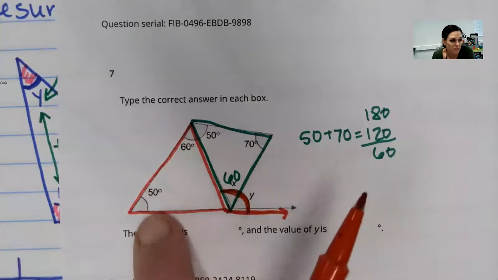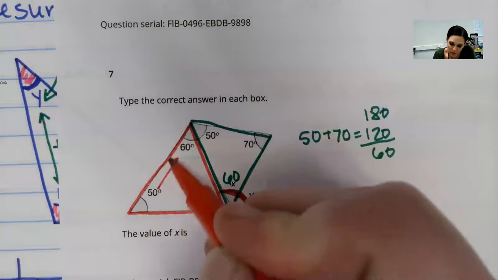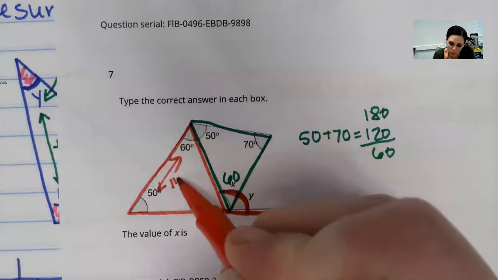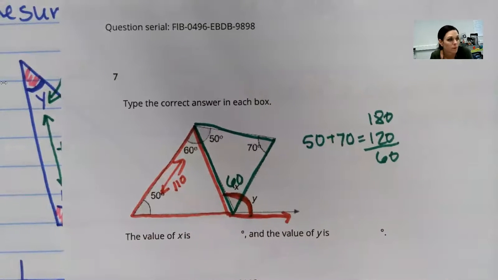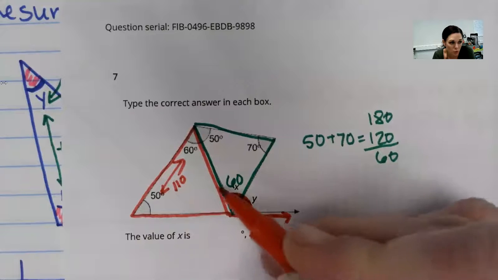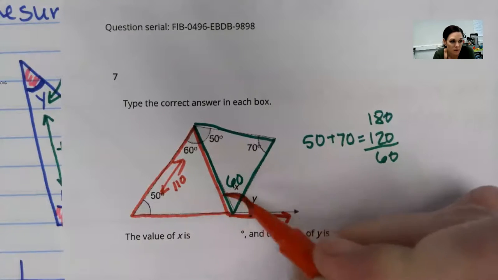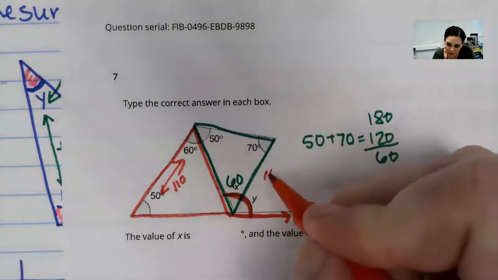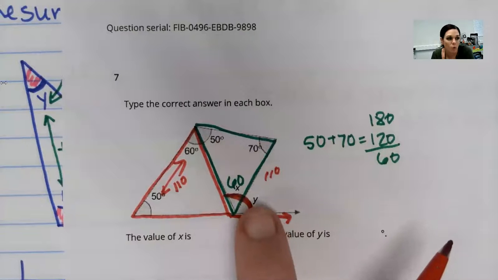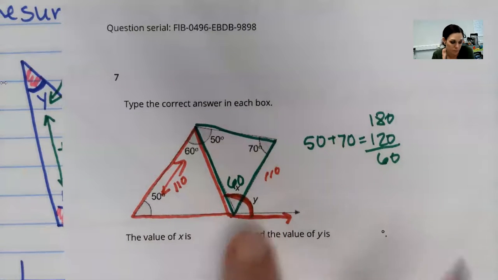So I have 60 and 50, which together makes 110. And I know this total piece has to be 110, but what is just Y's value?